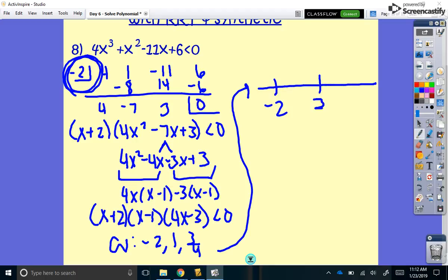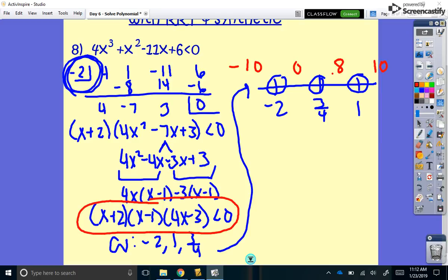Negative 2, 3/4, and 1. These are open circles. I'm going to choose negative 10, 0. A number between 3/4 and 1 is a little bit tricky. If you want to think about this as 0.75 and 1, you can just pick 0.8 or 0.9, and then I'll pick 10. We're plugging it into completely factored form.